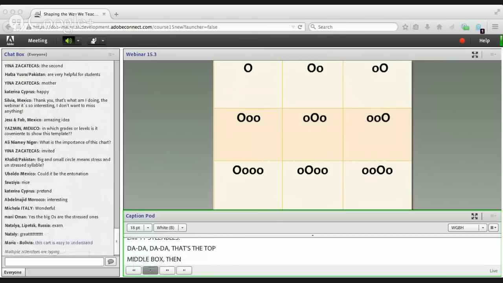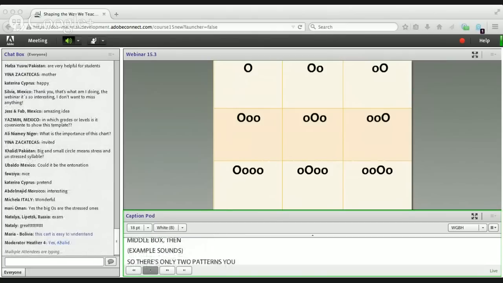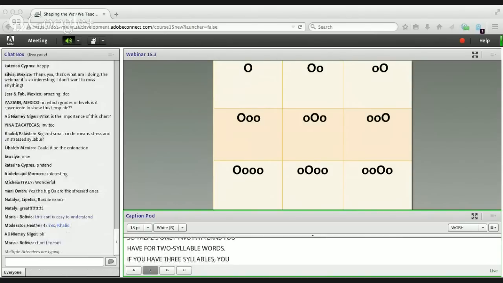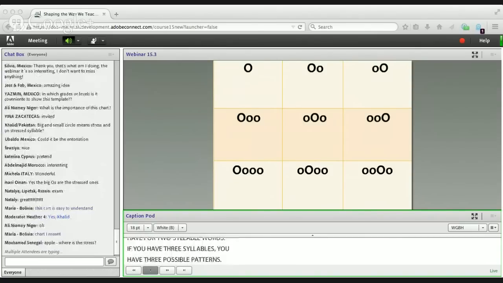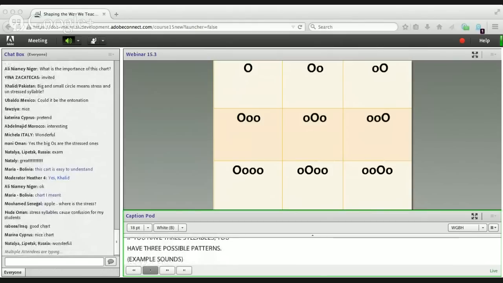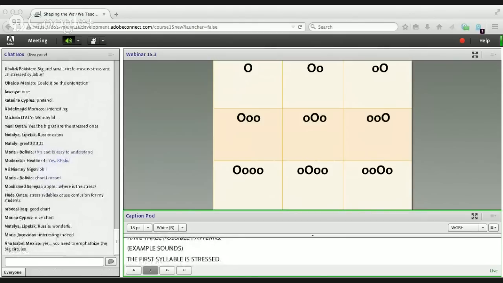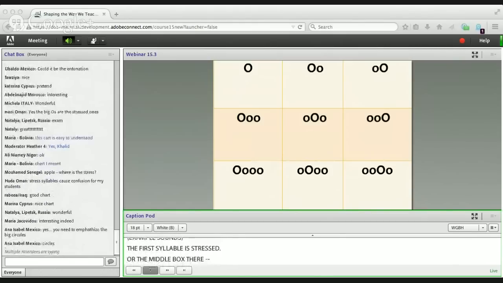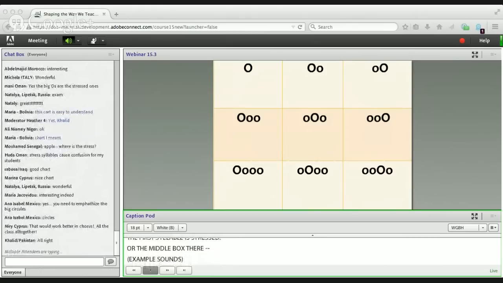Moving to the middle row, obviously if you have three syllables, you have three possible patterns. You have da da da, where the first syllable is stressed, or the middle box, da da da, and the last one, da da da. So the first one, you have an example like anyone, everyone, grandmother, okay?